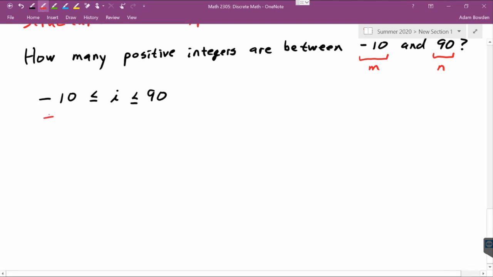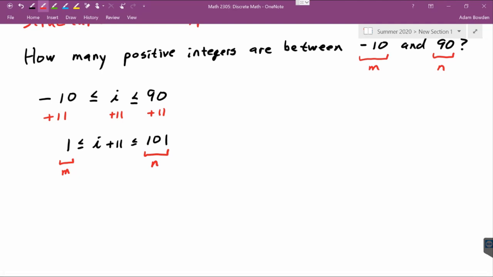And then if I add 11 to everything here, it would change it into 1 less than or equal to I plus 11 less than or equal to 101. And so the situation now turns out that the smaller number m would be 1 and the larger number n would be 101, and I would still count all the numbers between 1 all the way up to 101.